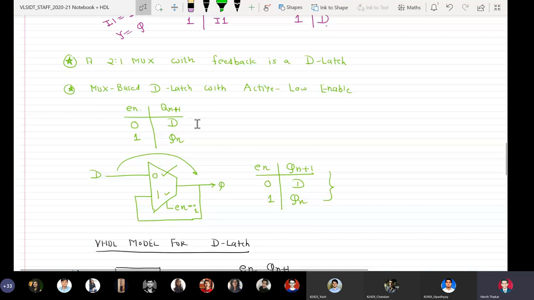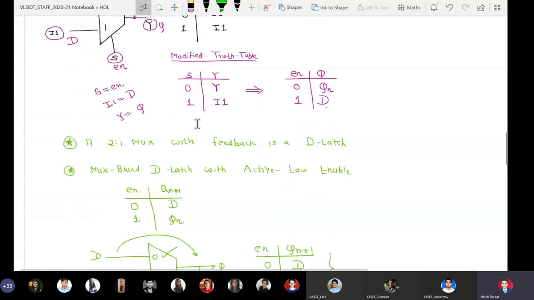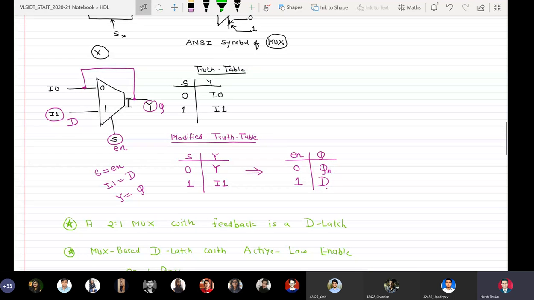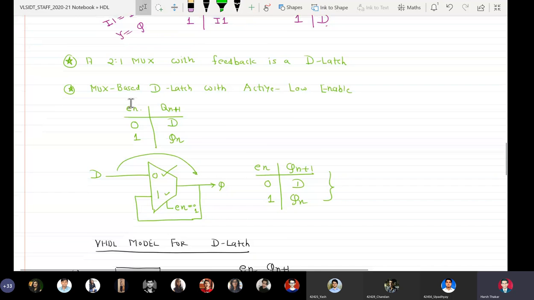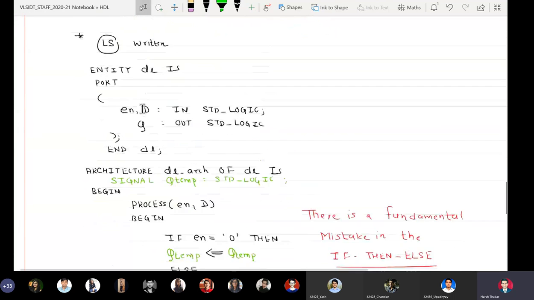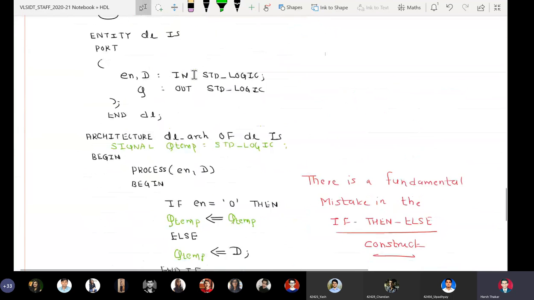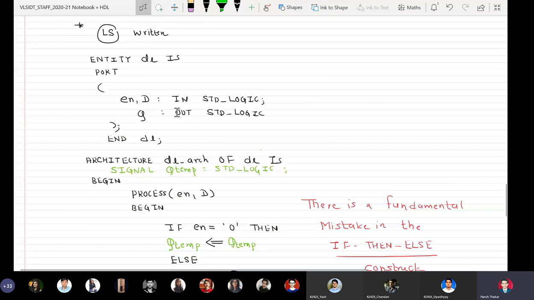After that we will write a model for a multiplexer, and we will do this particular feedback connection inside it, modify it, and try to see if we get the functionality of a D latch. And the third thing is that in the first model for D latch we will not use qtemp, but we will define Q as inout. We will do synthesis, we will do simulation. If everything comes as before, then the answer to your question is yes, a replacement to using qtemp as a dummy signal is to define Q as an inout signal.